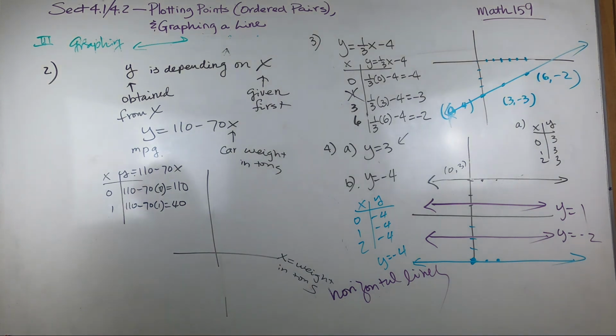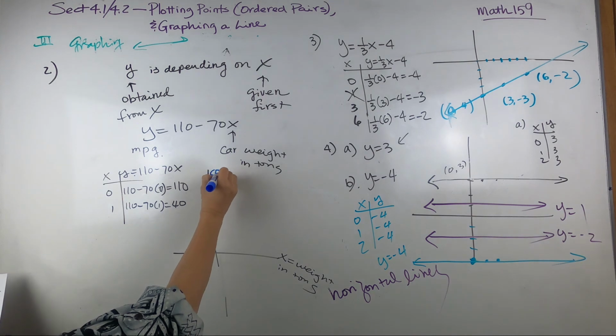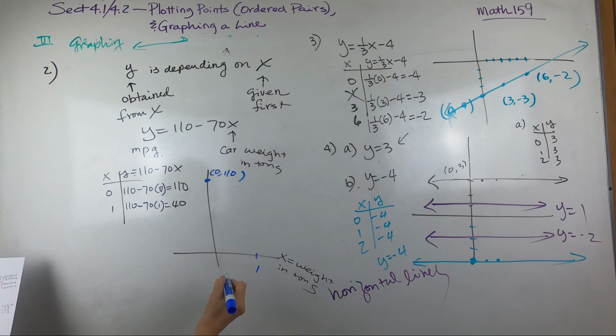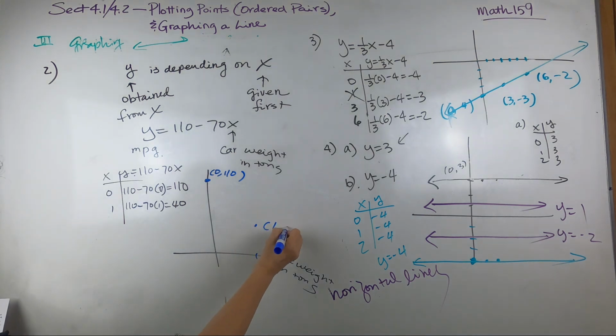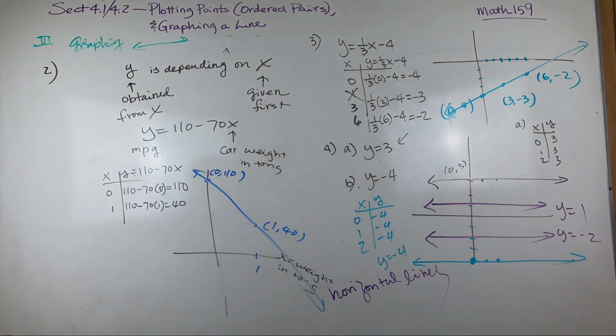So if we graph this one, how does it look like? So x is 0, then y is what? 110. X is 1, y is what? 40. Then you graph it this way. Got it?